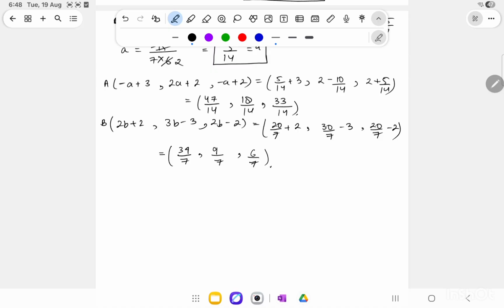So I got my coordinates of A and B, where A and B are the points where the shortest distance line will intersect the given lines. Further, we are supposed to calculate the distance AB.